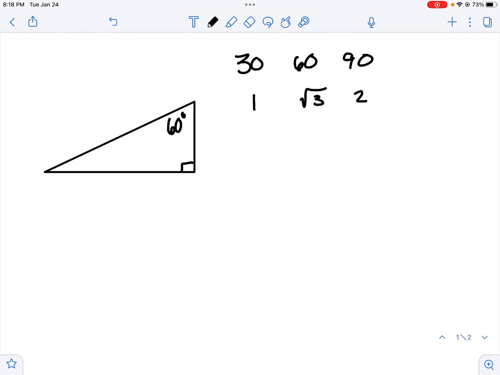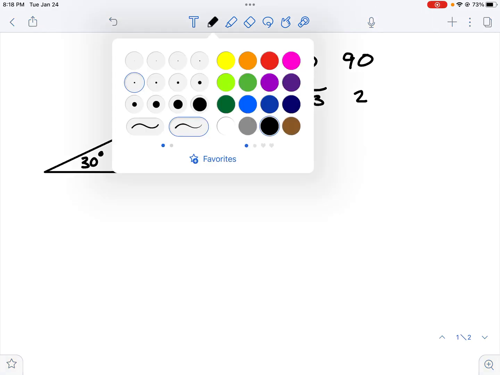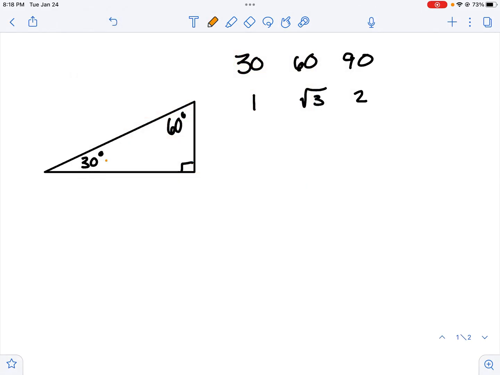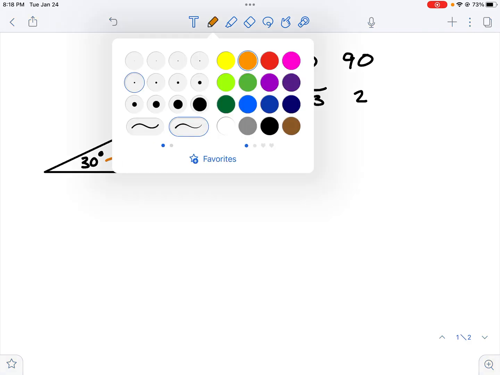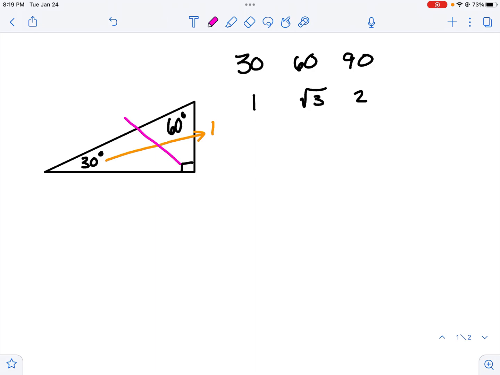So the piece opposite the 30-degree angle, this piece, is 1. The hypotenuse is twice as big. And the piece across from the 60 degrees is radical 3. So that's what you have.